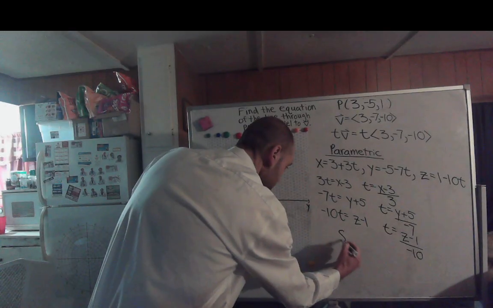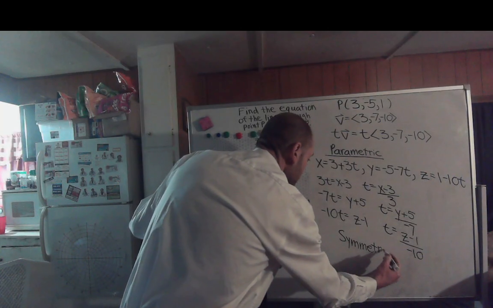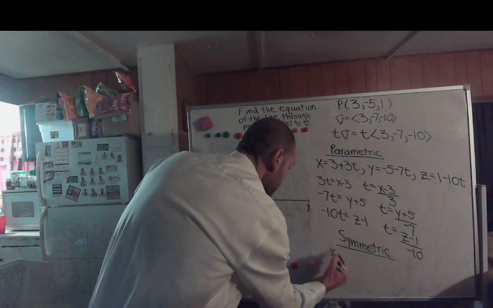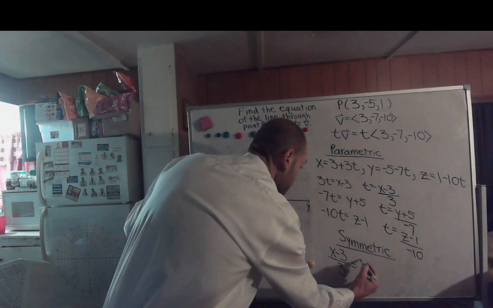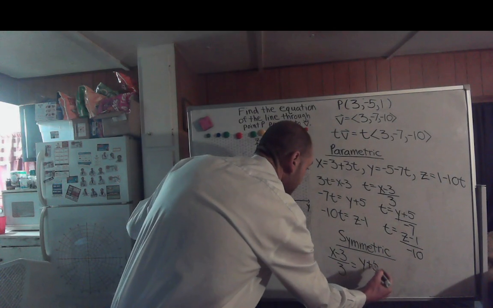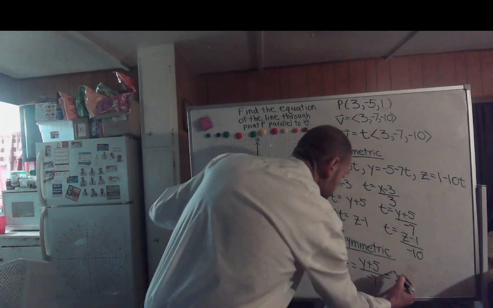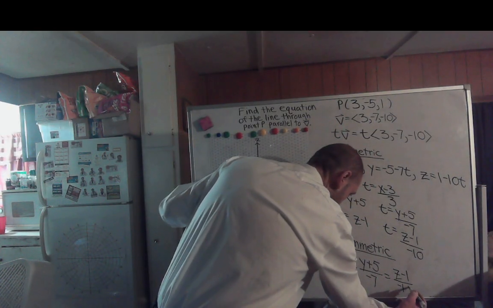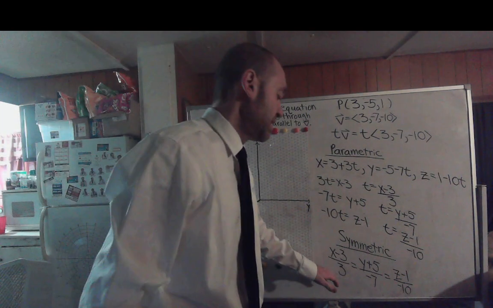So for your symmetric equations, you'll end up getting x minus 3 over 3 is equal to y plus 5 over -7, which is going to equal z minus 1 over -10. Those would be your symmetric equations of the line.